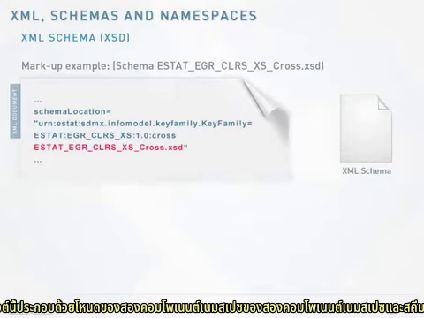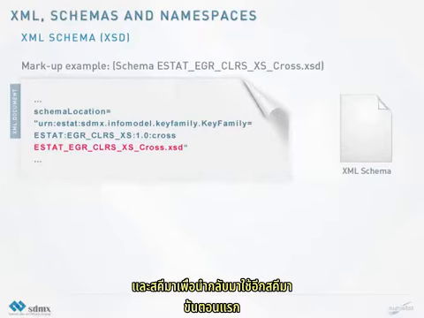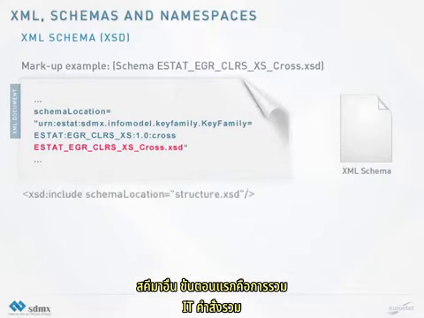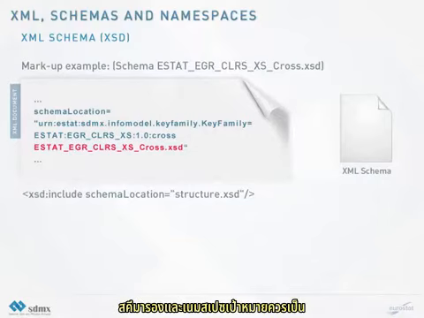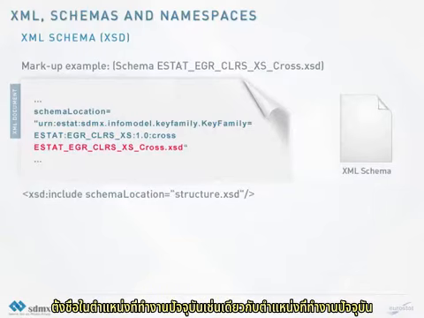To reuse another schema, the first step is to include it. The include statement in the original schema must point to the secondary schema, and the target namespace should be the same as on the current working location.